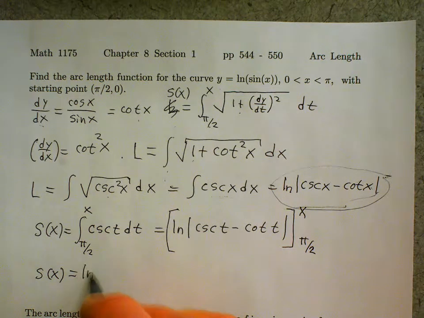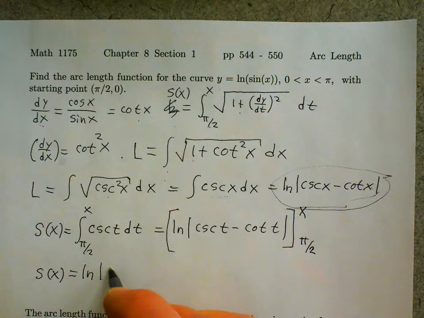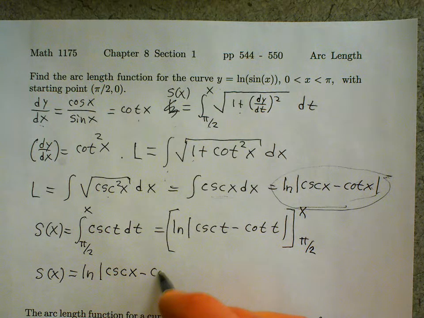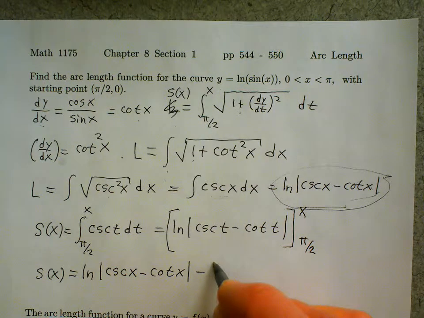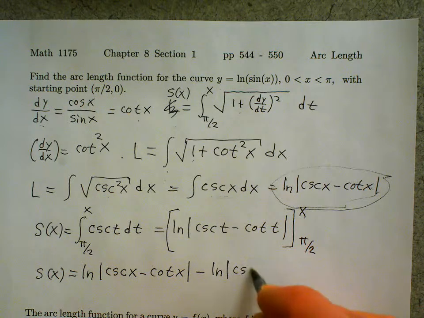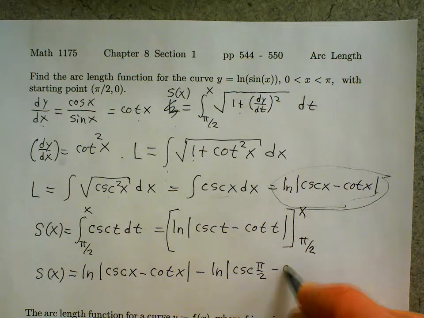We get the natural log of the absolute value of cosecant of x minus cotangent of x, and then minus the natural log of the absolute value of cosecant of pi over 2 minus cotangent of pi over 2.